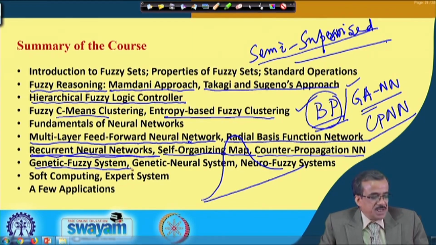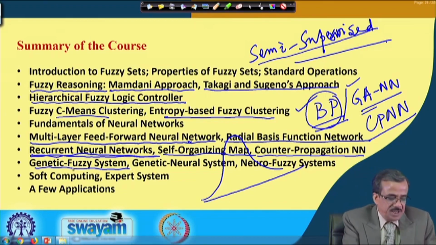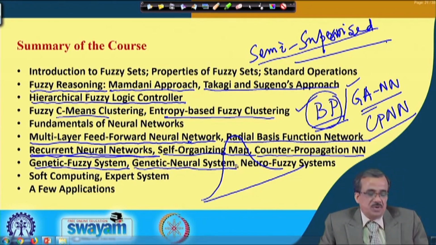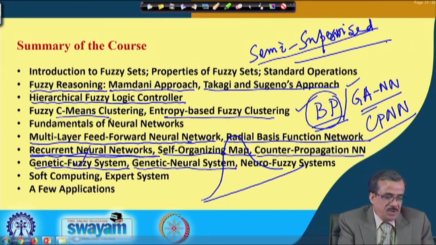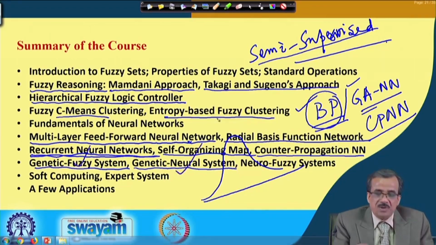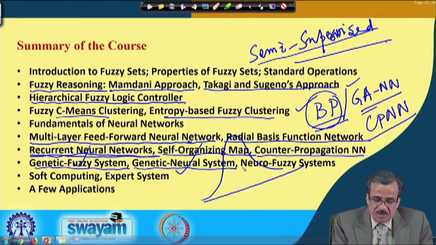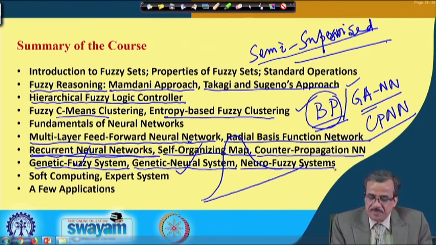So, we discussed the working principle of genetic fuzzy system and genetic neural system, where the aim was to evolve a fuzzy reasoning tool or a neural network based tool with the help of the genetic algorithm. Their working principle we have discussed in detail, and some numerical examples we have solved. Then we concentrated on the neuro-fuzzy system.